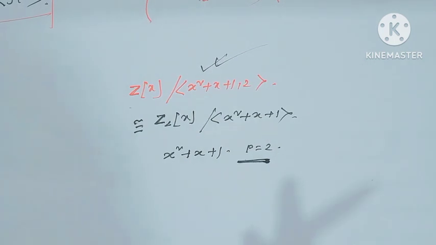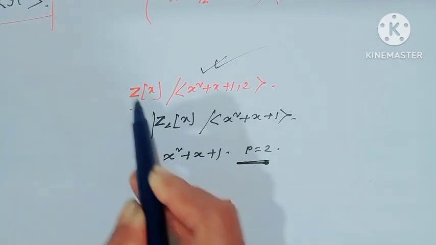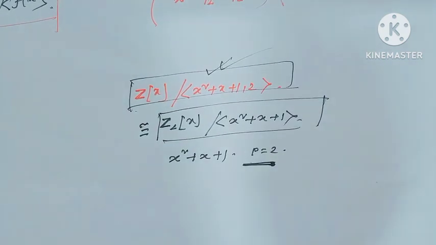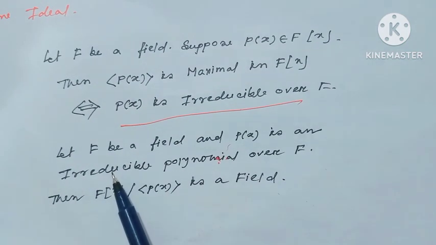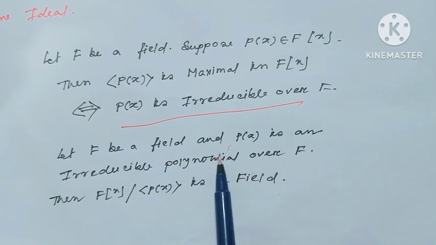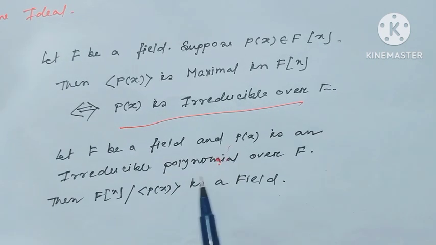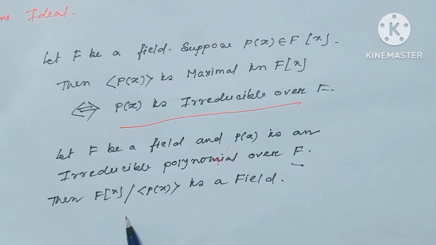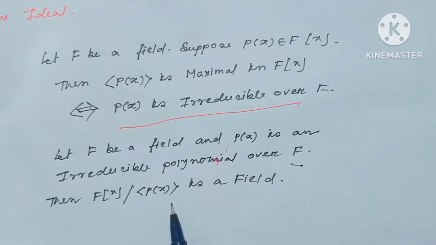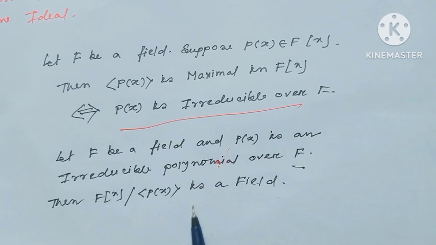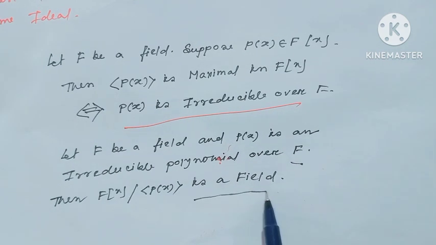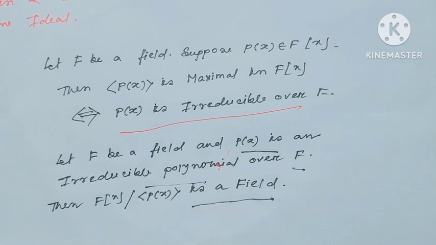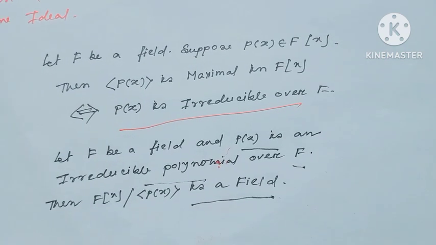Now I will show why we can write this quotient ring as this type. From this corollary we can tell: let F be a field and p(x) an irreducible polynomial over the field F. Then F[x] modulo the ideal generated by p(x) is always a field.